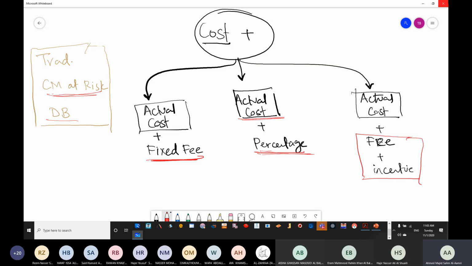If the project is very complicated, will the contractor agree to take a fixed fee only? Okay. So once again, the choice of the payment goes to the type and how complex the project is as well. Okay. Are we clear about it?